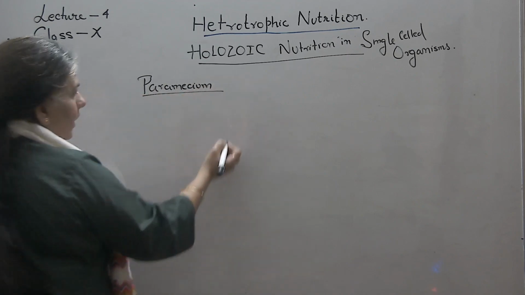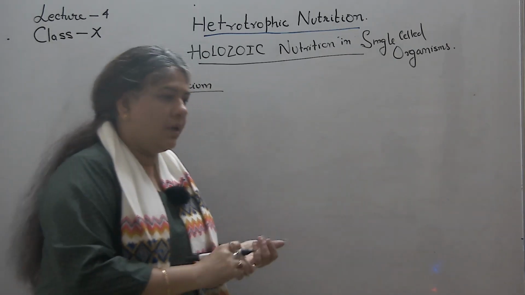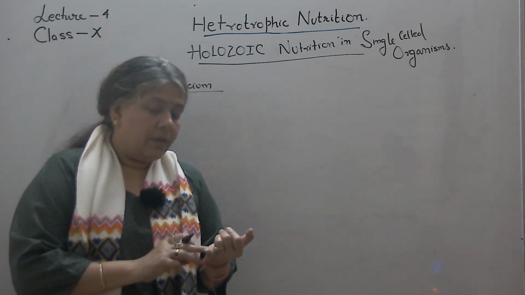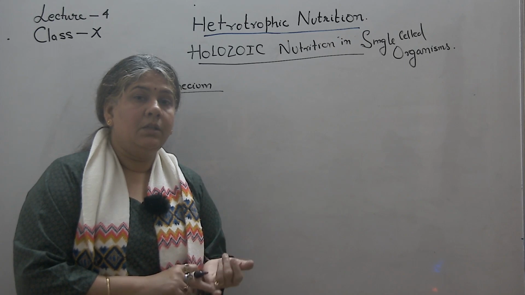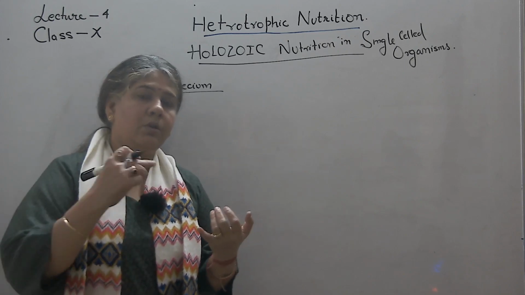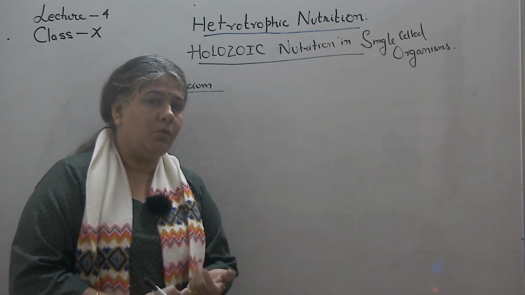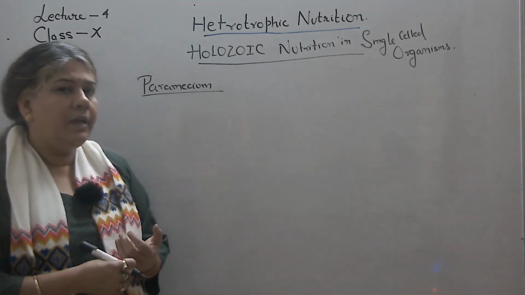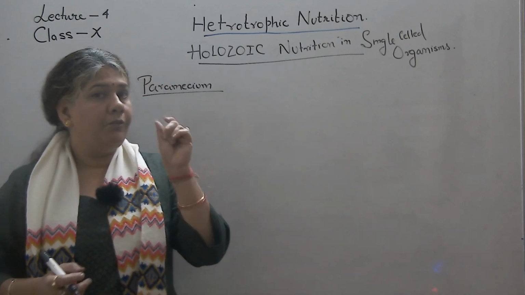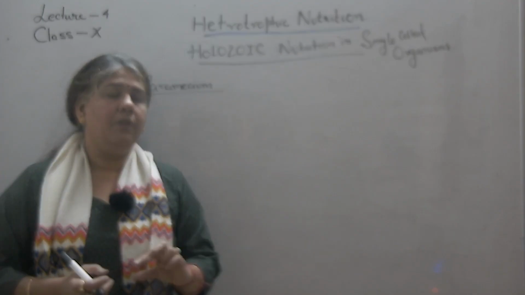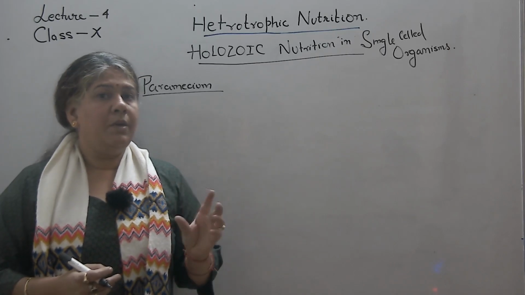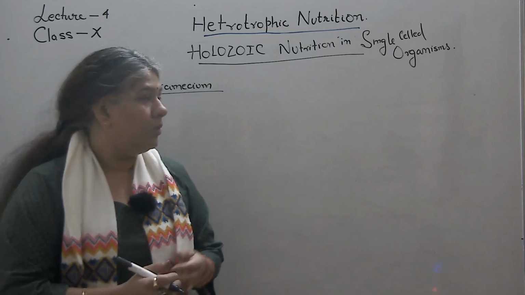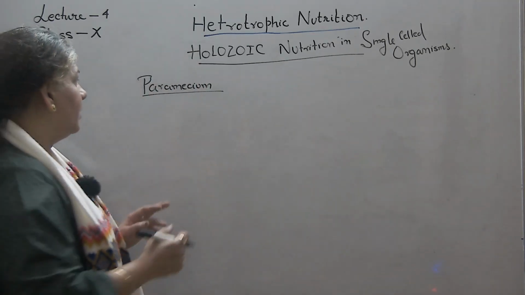See how it is more advanced than amoeba. Firstly, it has a fixed shape. Amoeba doesn't have a fixed shape. It has cilia throughout its body surface, which help in locomotion, while amoeba has pseudopodia. Thirdly, a paramecium has a fixed spot from where the food is taken in, called the oral groove. In case of amoeba, food is taken through the whole body surface. So these are the basic differences.